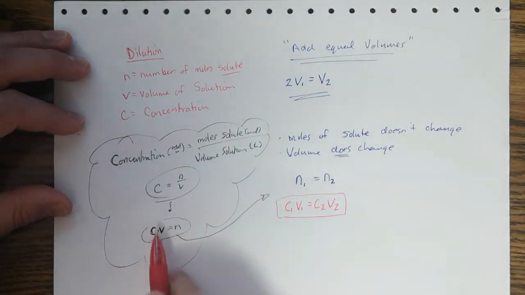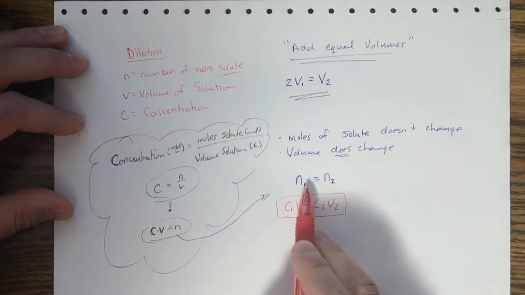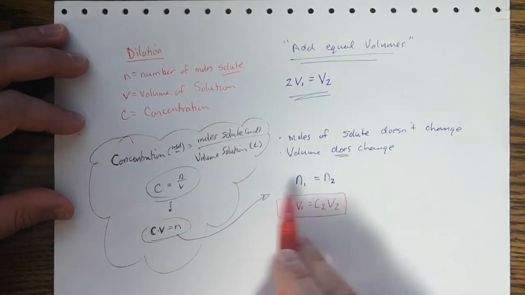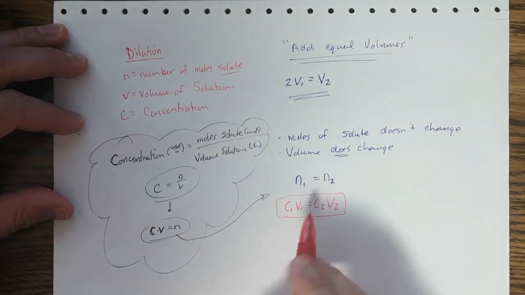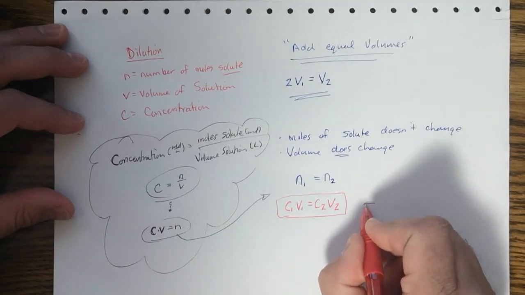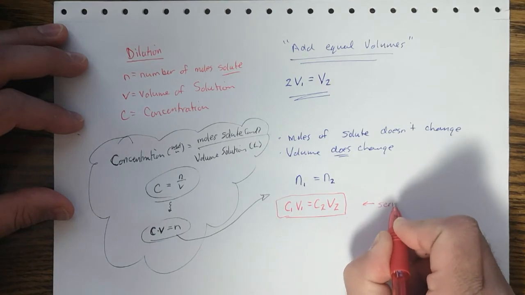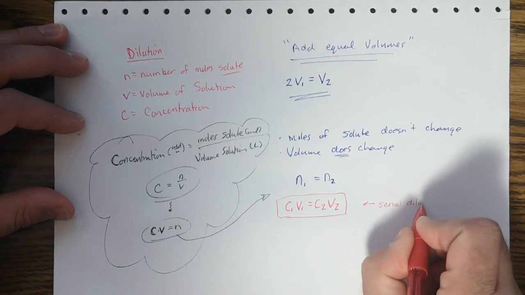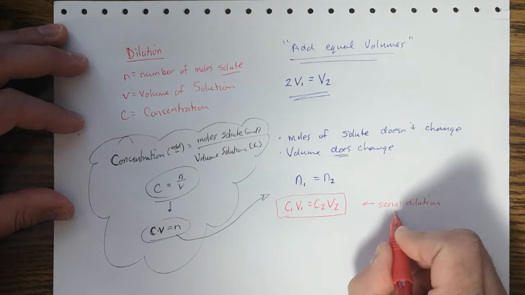So if we have our concentration equation where the concentration times the volume equals the number of moles solute, and we know the number of moles solute won't change when we dilute something, we end up with this equation. C1V1 equals C2V2. This is the serial dilution equation.